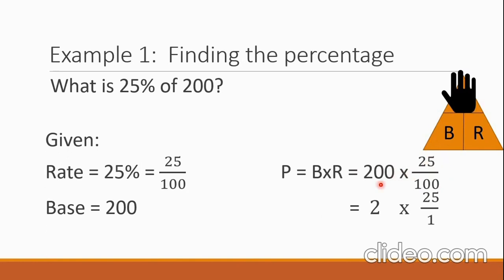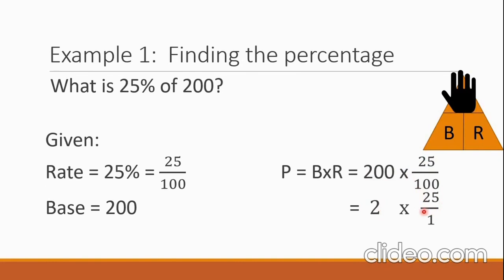But since in here, it is easier if we cancel the 200 and the 100. So if we cancel that, the 200 becomes 2, the 100 becomes 1. So the problem now becomes 2 times 25 over 1. So we just multiply the 2 and the 25.